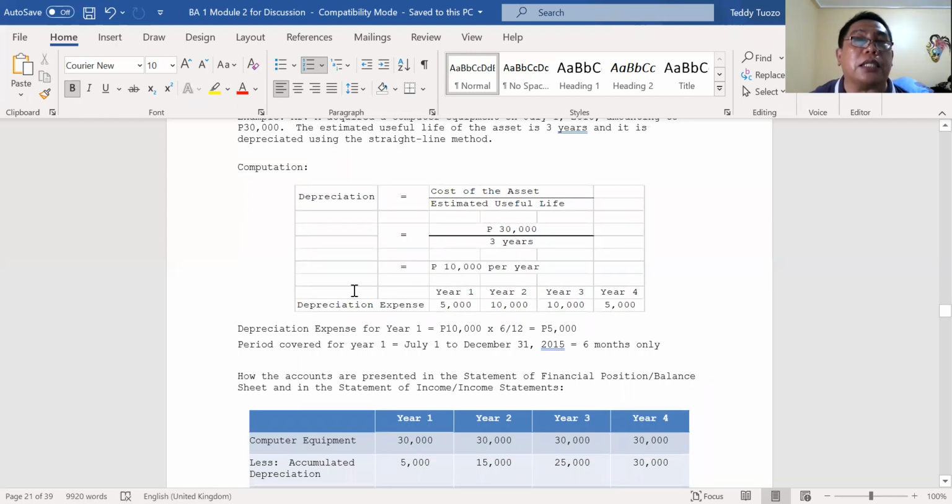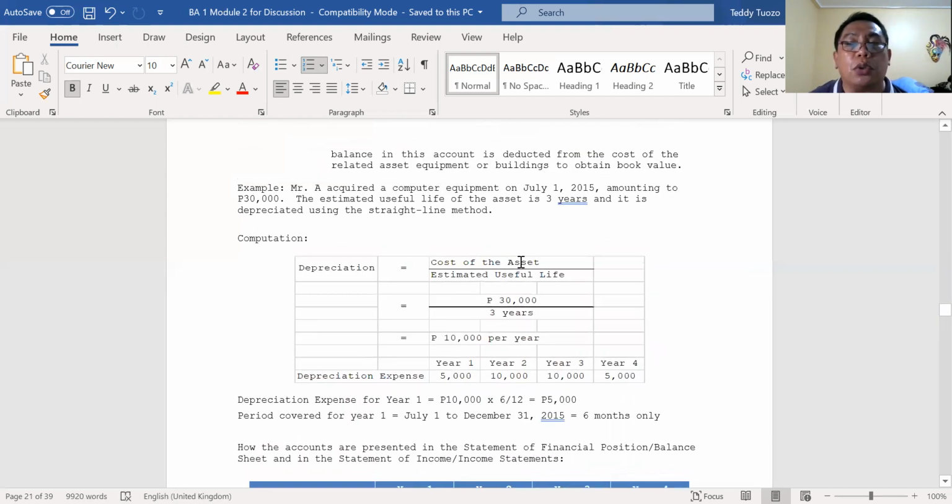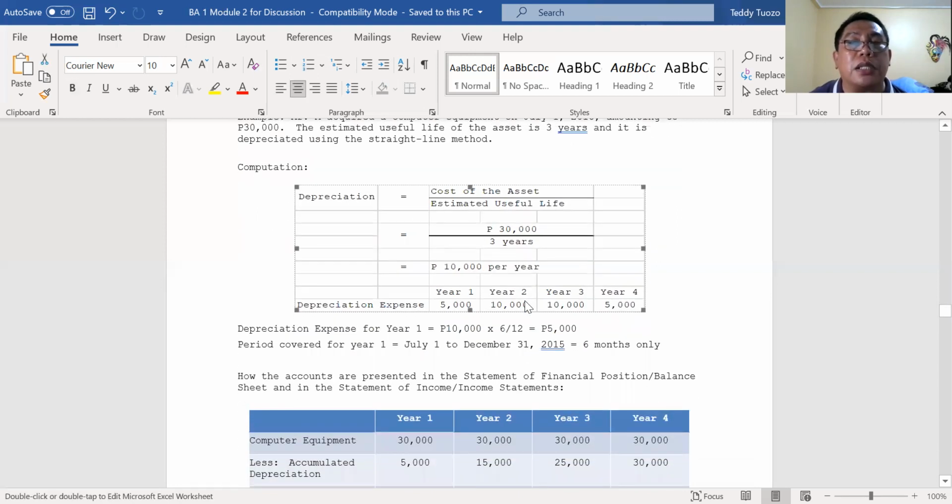So you have depreciation expense equals the cost of the asset divided by the estimated useful life. Let's substitute. The cost of the asset is 30,000, then the estimated life is 3 years. So 30,000 divided by 3 years gives an annual depreciation of 10,000 per year.